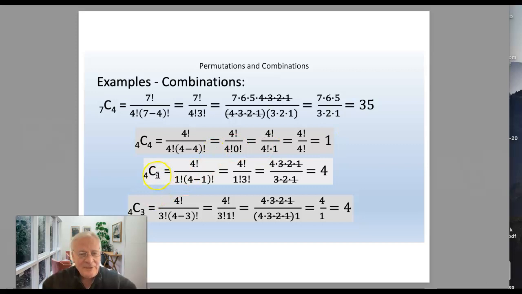All right, how many ways can I choose 1 from 4? Well, there's 4 ways. I choose 1 each time. And how many ways can I choose 3 from 4? And the answer, again, is 4, because I just take 1 out each time.